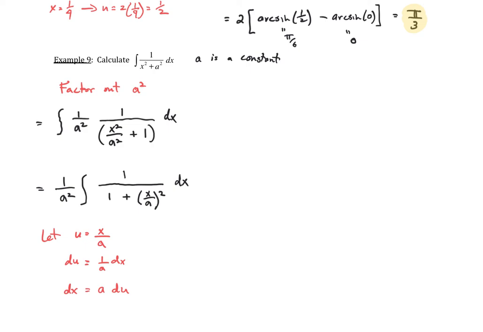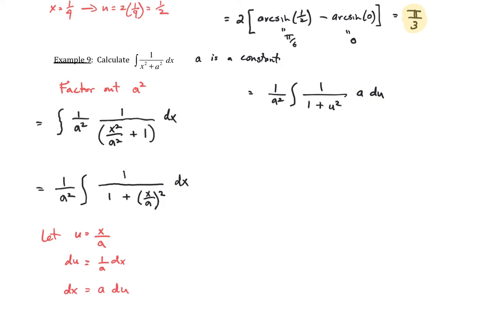So now we're going to make our substitution. When we make our substitution, we're going to get 1 over a squared, times the integral of 1 over 1 plus u squared, and the dx gets replaced with a du. Okay? So we see I have an a.